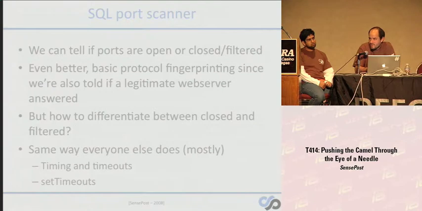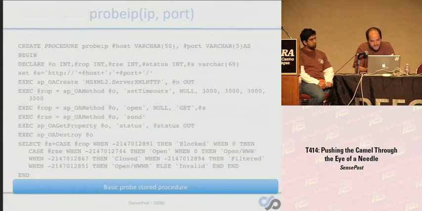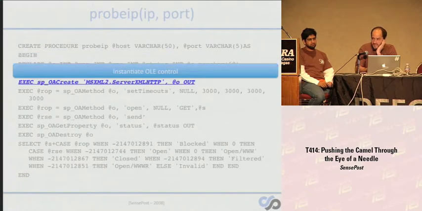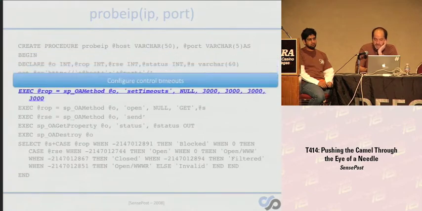Of course, what it does require is SA access in order to use the OLE methods. But given the number of web apps that we see that use SA, often this isn't a big problem. So this is the building block. This is a stored proc that we create on the server. It's called probe IP. You pass it an IP and a port. The stored proc creates the URL, creates the OLE object.